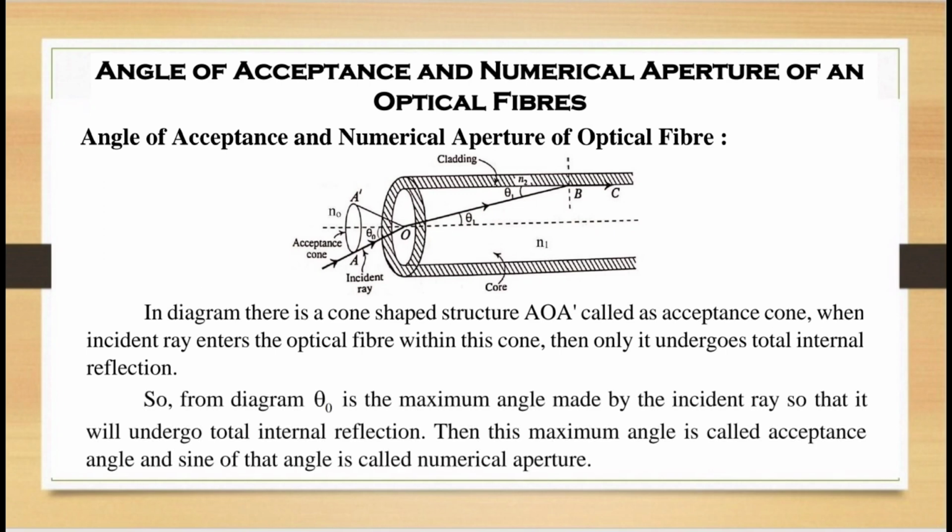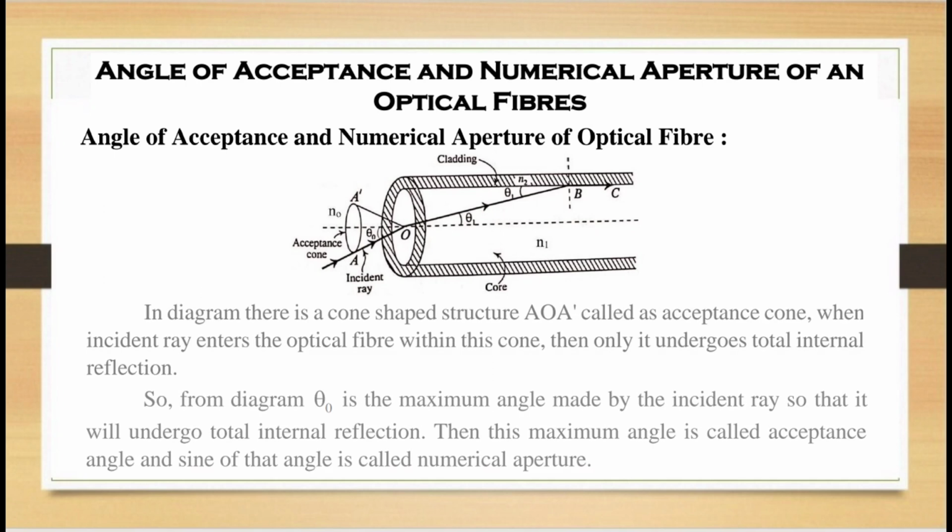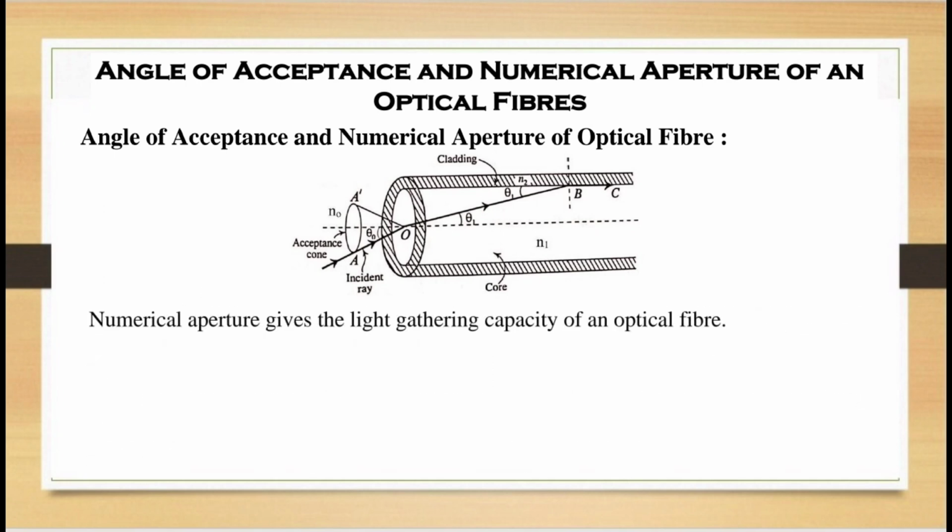So from diagram, θ0 is the maximum angle made by the incident ray so that it will undergo total internal reflection. Then this maximum angle is called acceptance angle and sine of that angle is called numerical aperture. So numerical aperture gives the light gathering capacity of an optical fiber.